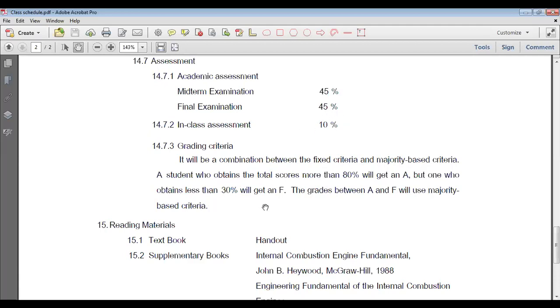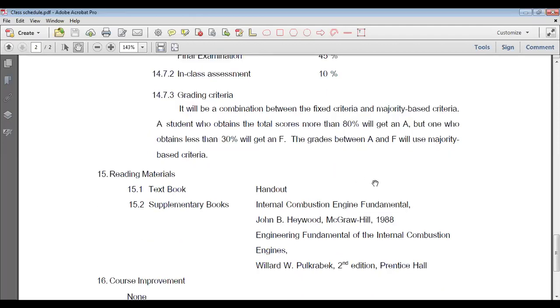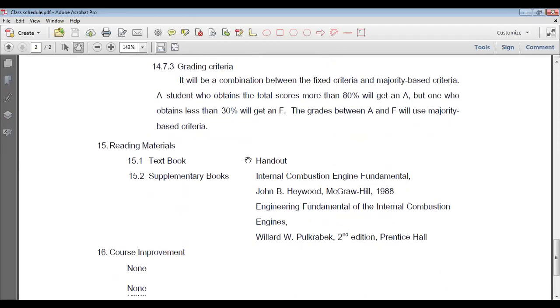So you just accumulate the knowledge of this subject for about 20%, then you will not get an F, right? 20% from 100. Okay, so I think this is quite comfortable, right? Not so difficult.